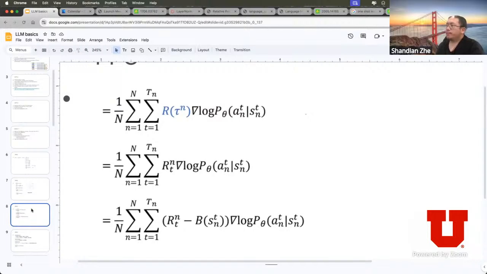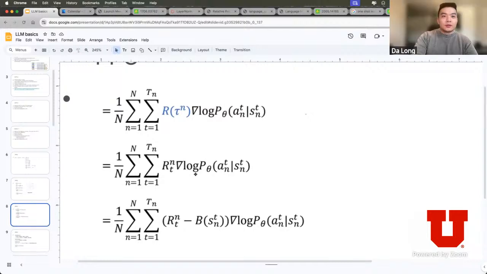Can you explain what B means? B as NT, what does it mean? Okay, let me give you a concrete example. When you play a game, at time T you want to make a move, you want to select a move.